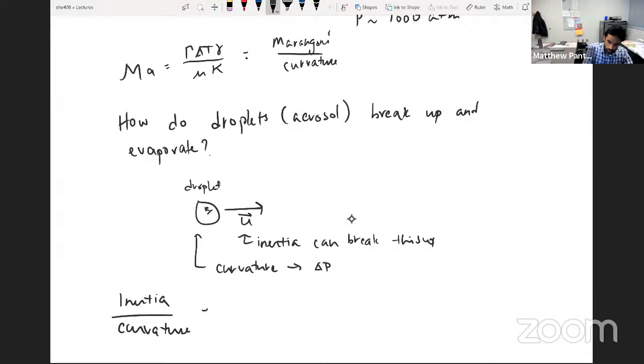This is known as the Weber number, written as We.